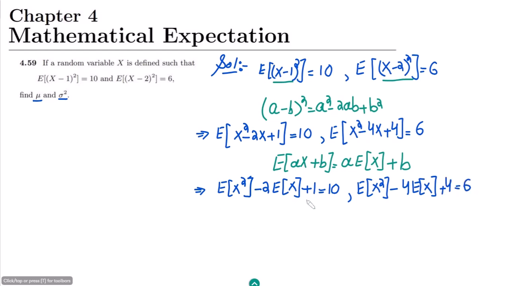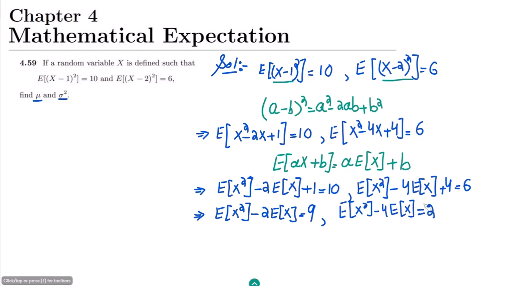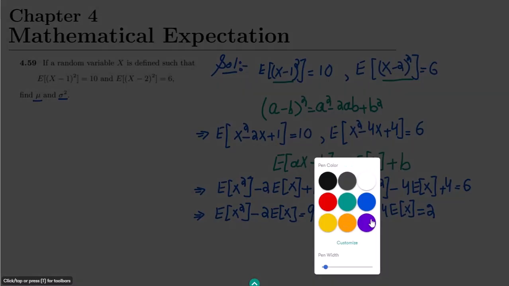So now subtracting 1 from both sides of the first equation, we get E[X^2] minus 2E[X] equal to 9, and similarly in the other equation we get E[X^2] minus 4E[X] equal to 2, because of subtracting 4 from both sides. Let me perform some substitution.